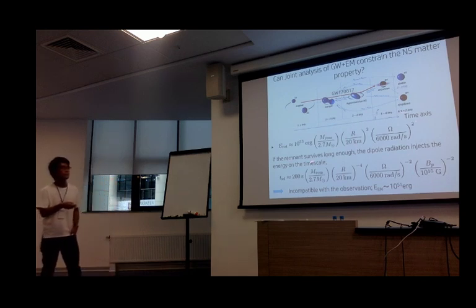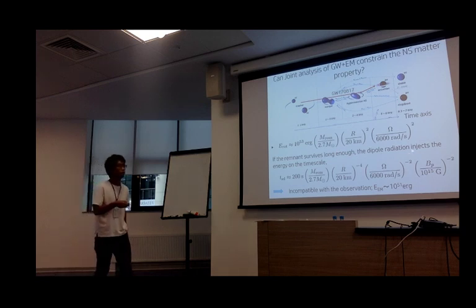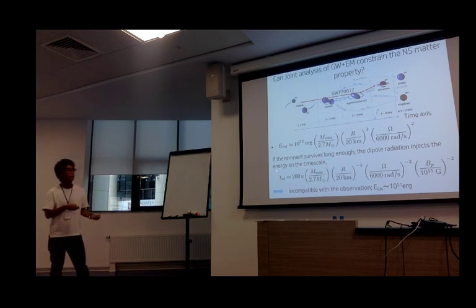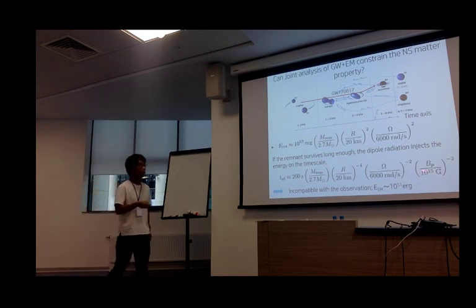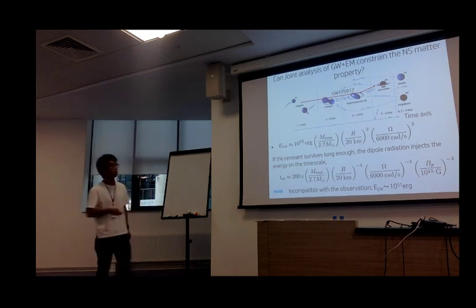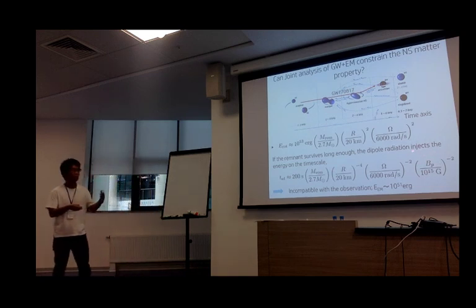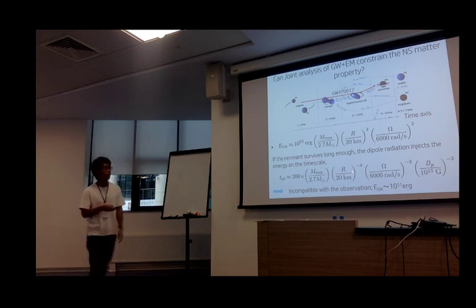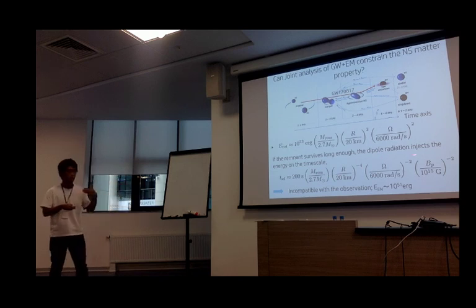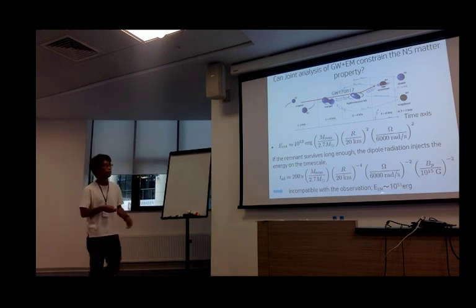Suppose that the remnant survives long enough, the dipole radiation extracts this rotational energy on the spin down time scale, 200 seconds or something like that, by assuming the magnetic field strength for the dipole. So this means that if the hypermassive neutron star survives longer than 200 seconds, the energy of 10 to the 53 ergs is injected into the ejecta, and the ejecta could shine.